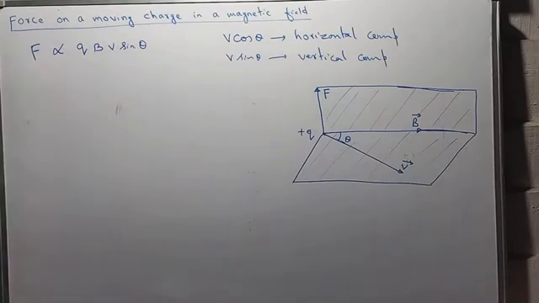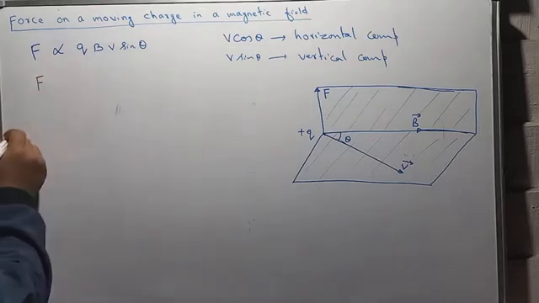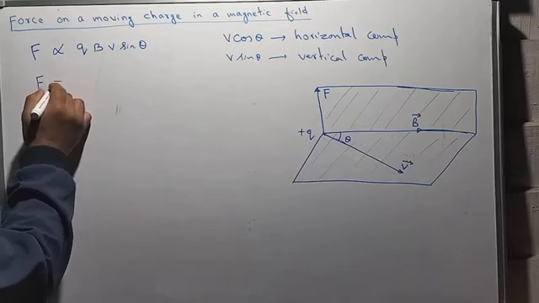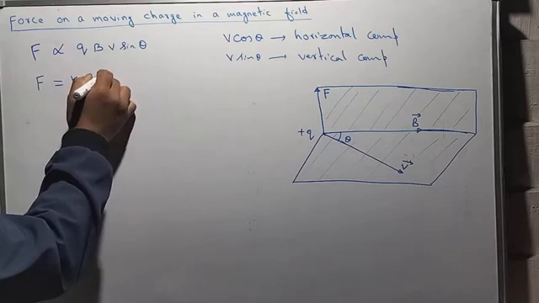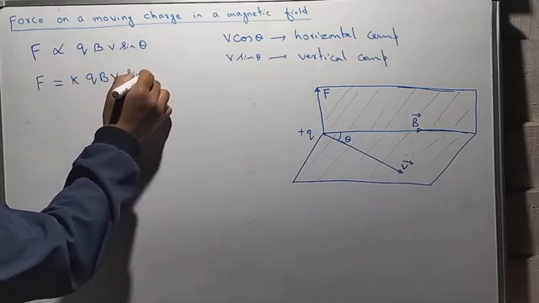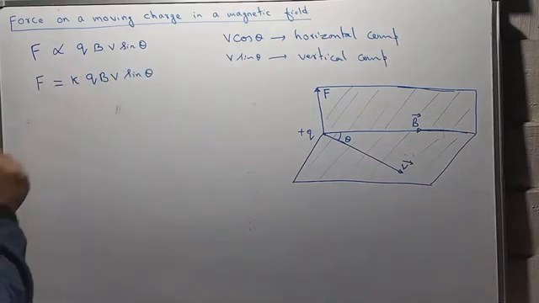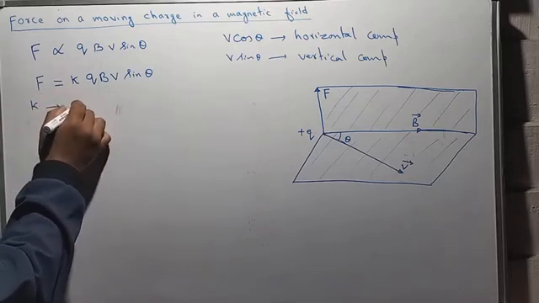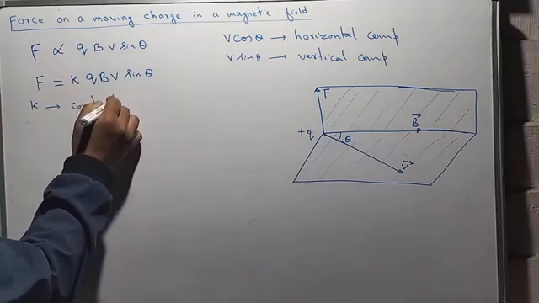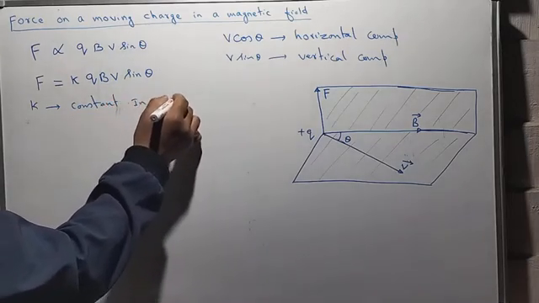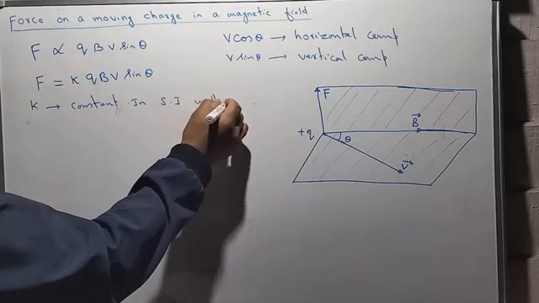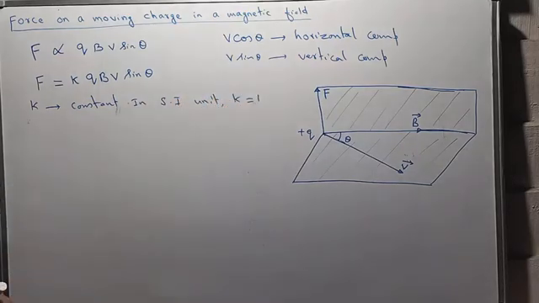So now this is the force which is actually experienced by a charge moving in a magnetic field. Now if I remove this proportionality sign, I will write it with a constant. Let's say it is k, so F = k q B v sin theta, where k here is a constant of proportionality, and in SI units this k is equal to 1.